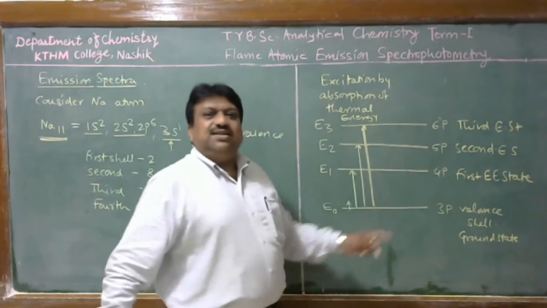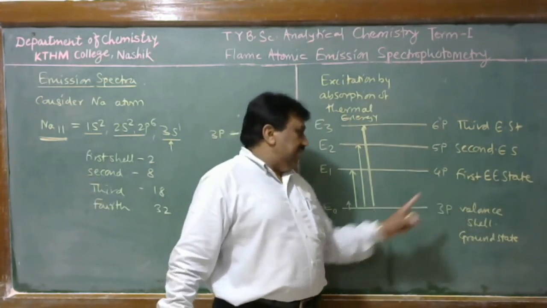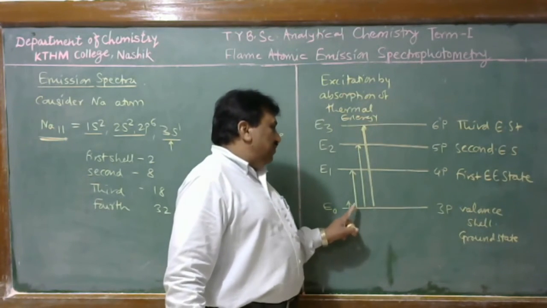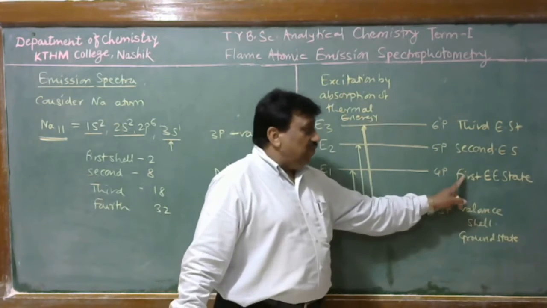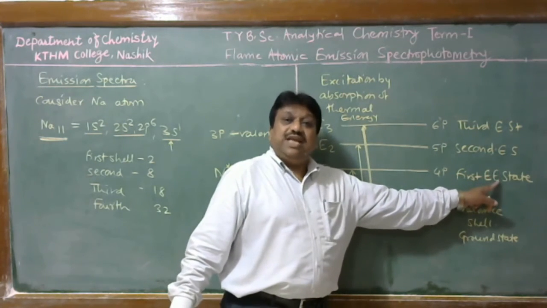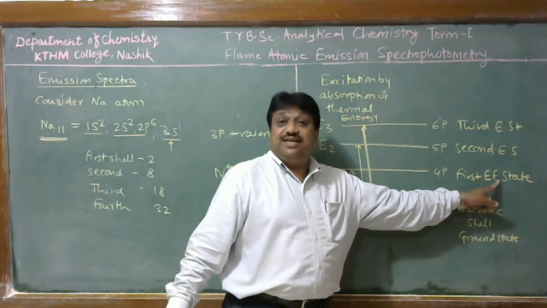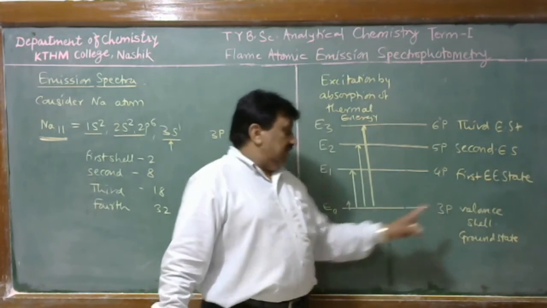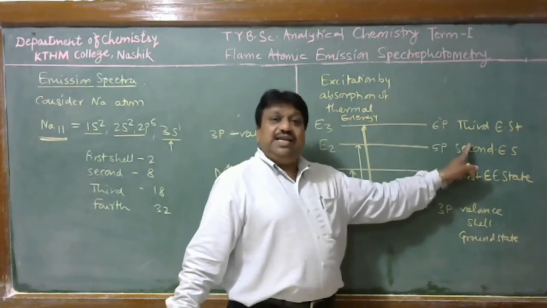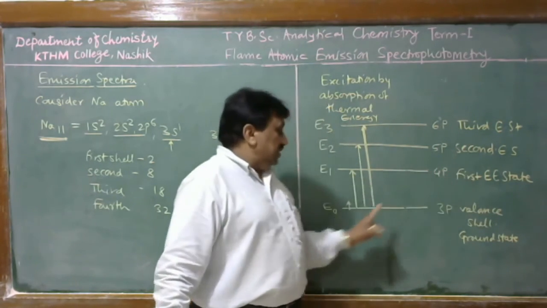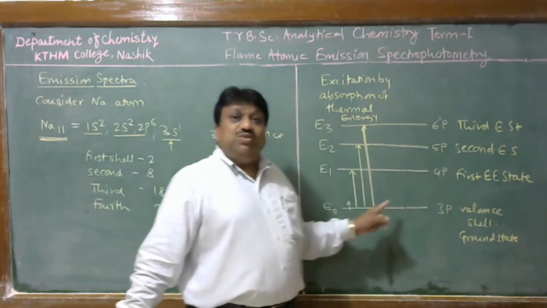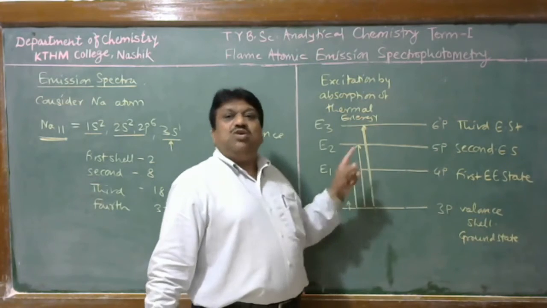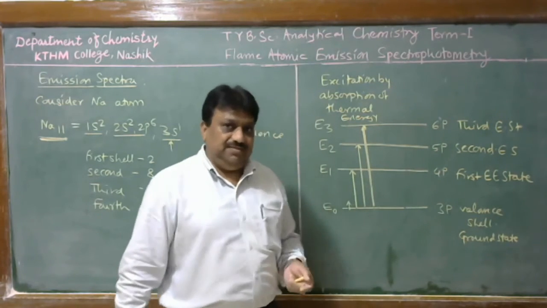First, second and third excited state means the electron is promoted from the ground state level to the first electronic energy level, the first excited state electronic energy level, the ground state level to the second electronic energy level, the ground state level to the third electronic energy level. This will be possible depending upon the amount of energy available.